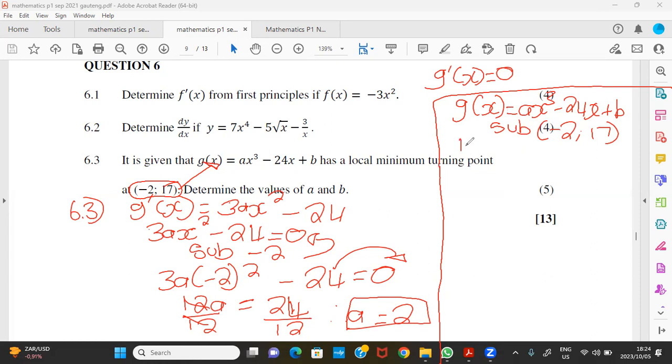So it's going to be 70 is equal to a, but I already got my value for a to be 2, ne? So instead of a, I'm going to have 2 now. And then the x value is -2, then it's going to be all cubed minus 24 times -2 plus b.